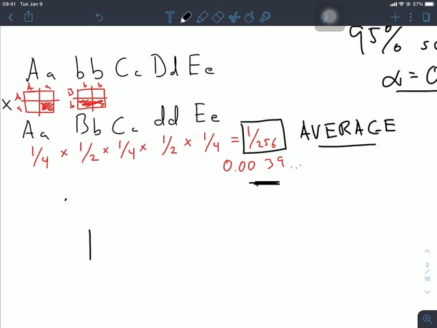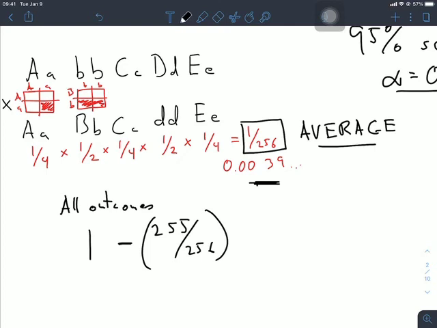This one is all outcomes minus the likelihood of failure, which in our case is 255 out of 256 times you're going to fail. And it's this failure probability that is critical to our binomial sampling.